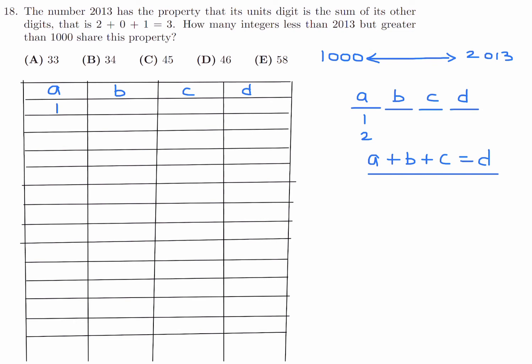D obviously can't be 0 if A is 1, but it can be 1. If that's the case, this is 0 and 0. And I think that's exhausting my ways of doing it for A equals 1 and D equals 1. If D is 2, then I've got a couple ways of doing it.